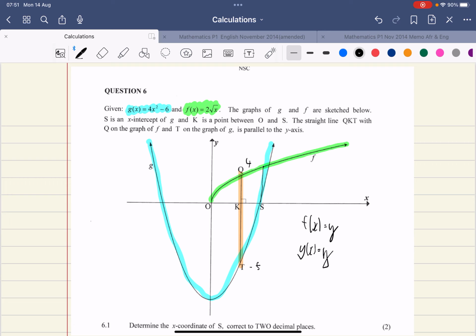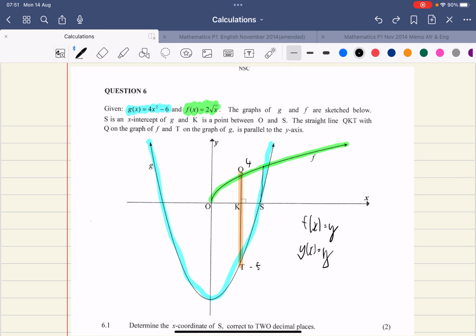If g of x in terms of x gives a value for y at any point on the blue graph, and f of x in terms of x gives a point anywhere for y on the green graph, doesn't it make sense that if we wanted to write the distance between the green and blue at any point where they are under and above one another, we can just use our function f of x and g of x, just like we said 4 plus 5 when we had the y values. Well, that's exactly what we're going to be doing here.